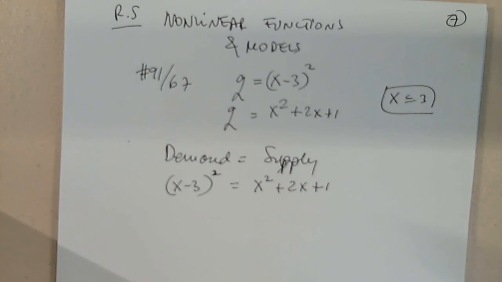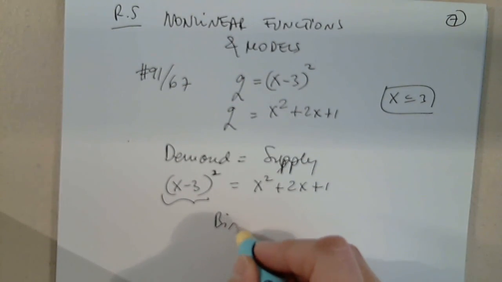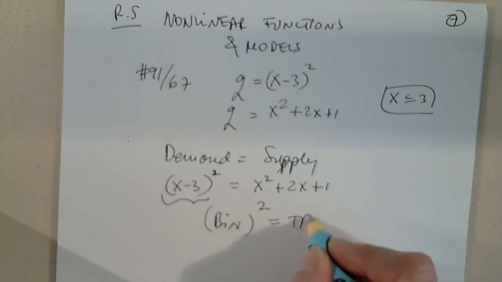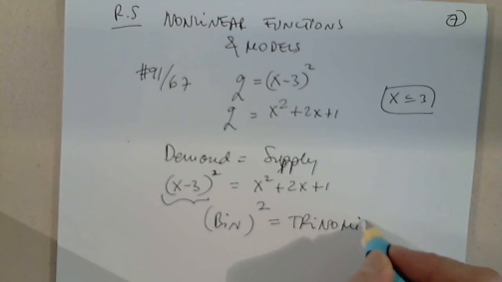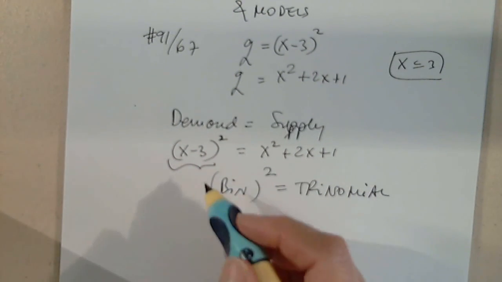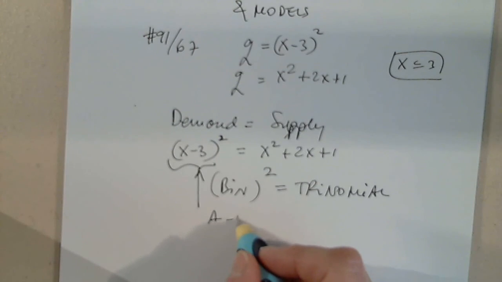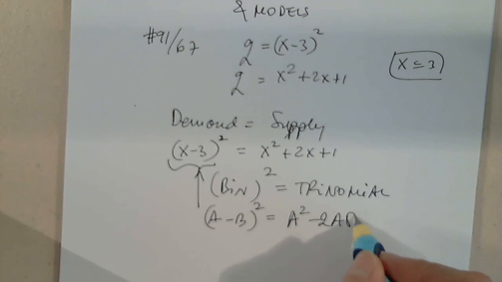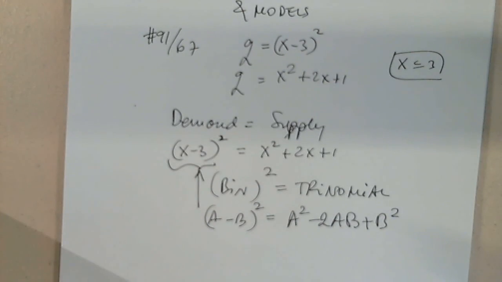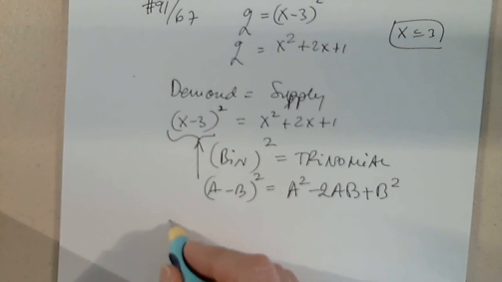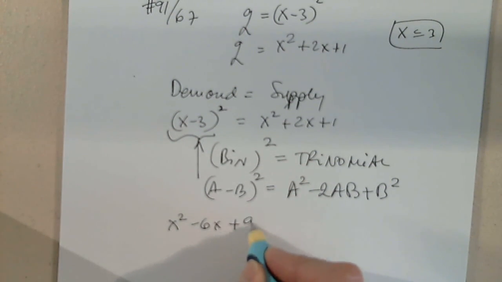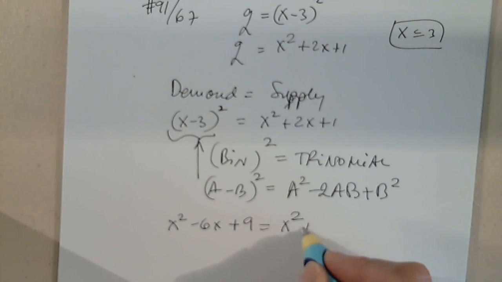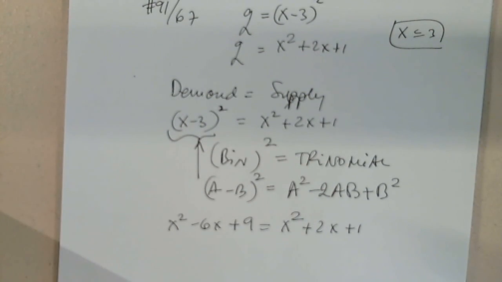This is a quadratic equation. I will square the left-hand side. Remember, a binomial squared is always a trinomial. a minus b squared is a squared minus 2ab plus b squared. I have x squared minus 6x plus 9 set equal to x squared plus 2x plus 1.